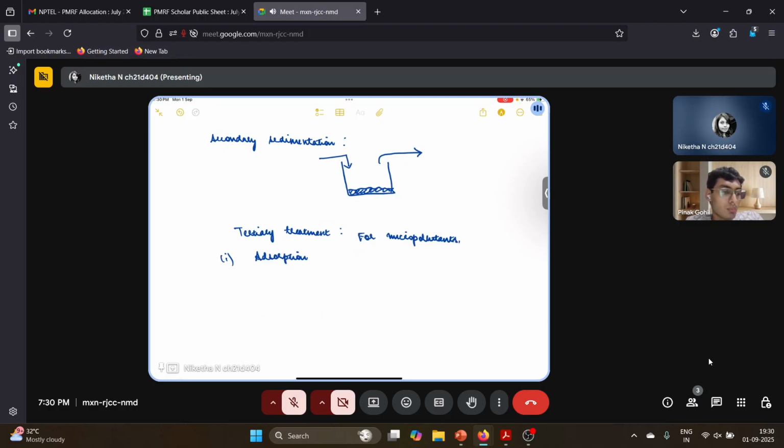Those can be removed by adsorption, usually on activated carbon. They can also be removed using filtration or other advanced processes.